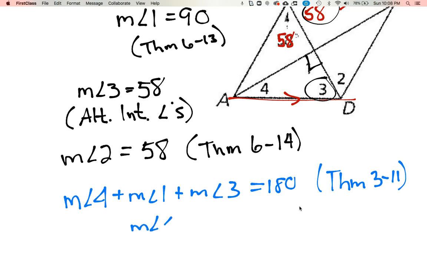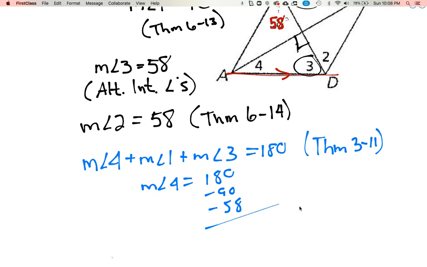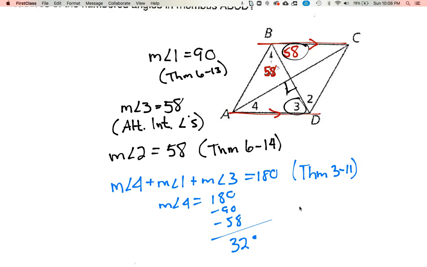So the measure of angle 4 equals 180 minus 90 minus 58, which is 32 degrees. Notice what happened just right there. Yes, these are bisected, but these are opposite, so these are actually all four the same. And that'll always be the case in a rhombus.